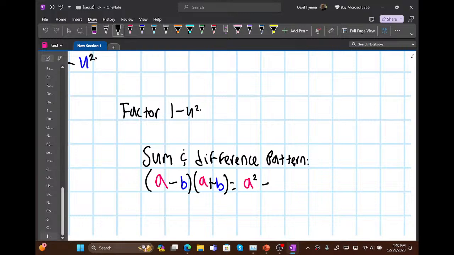Okay, and you can verify that when you FOIL it. But yes, we must understand this rule because we need to use this to factor the bottom. This is why it's so important to know your algebra. Give me a second, guys. I'm going to get some water.